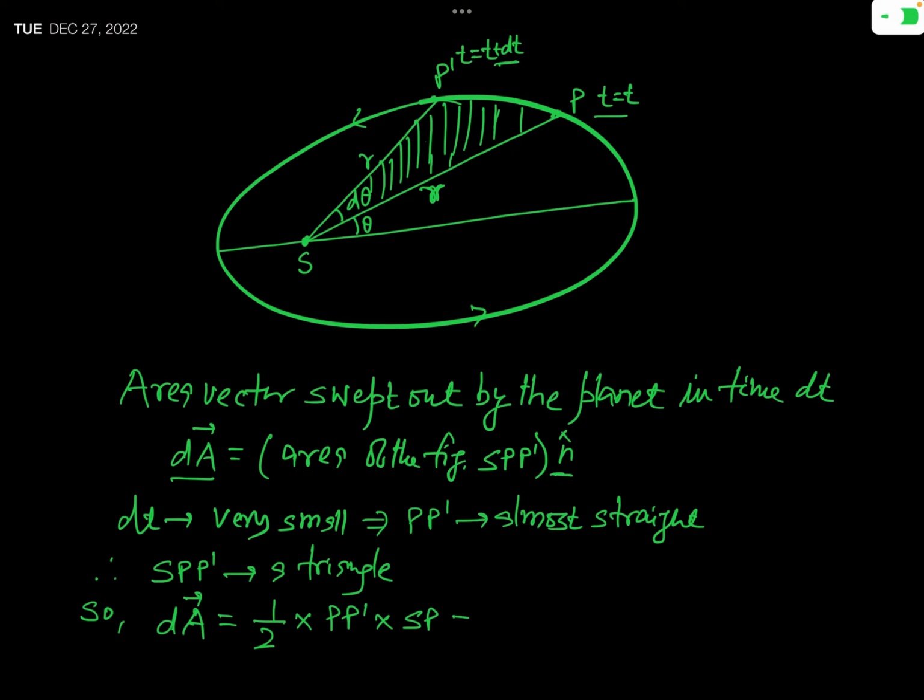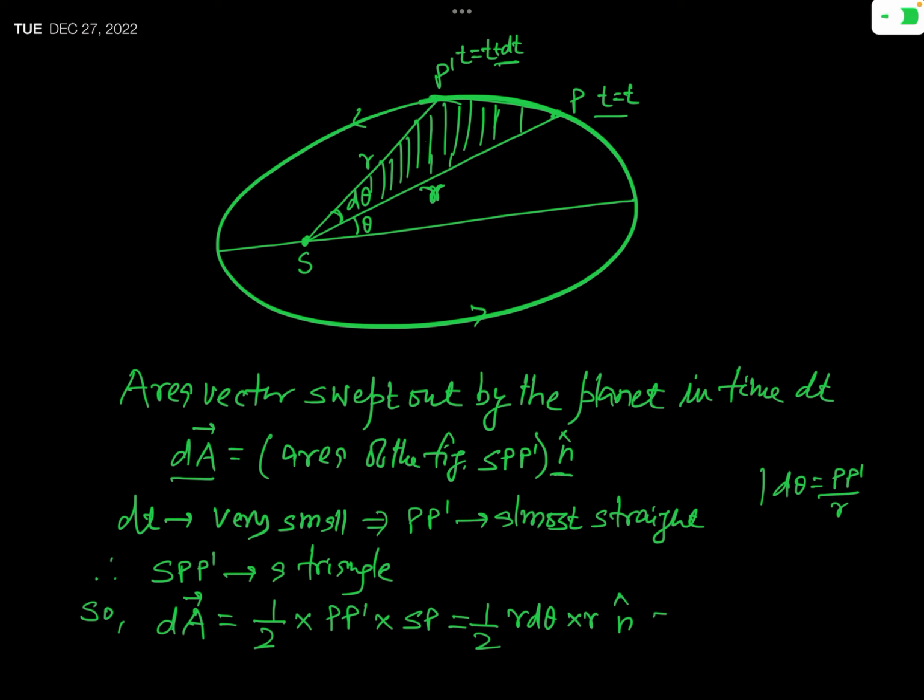Since this PP dashed subtends angle d theta at this point S, from trigonometry you know that d theta will be equal to PP dashed over r, and therefore PP dashed will be equal to r d theta, and SP is equal to r, times n hat. n hat, you know, is the unit vector normal to this surface.